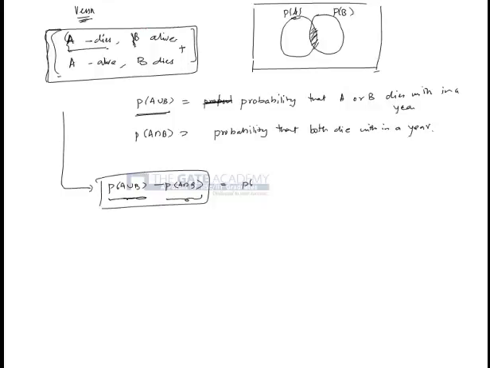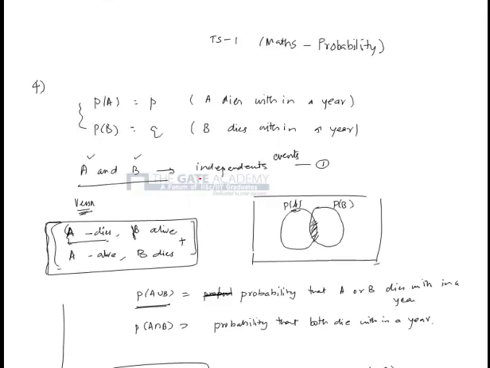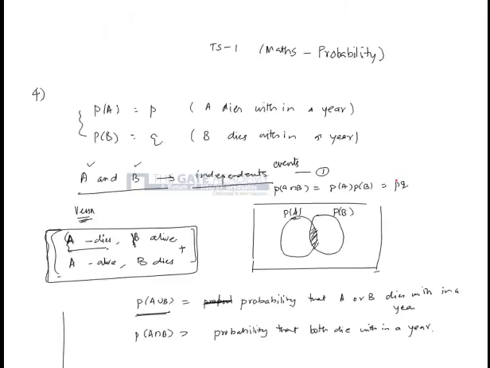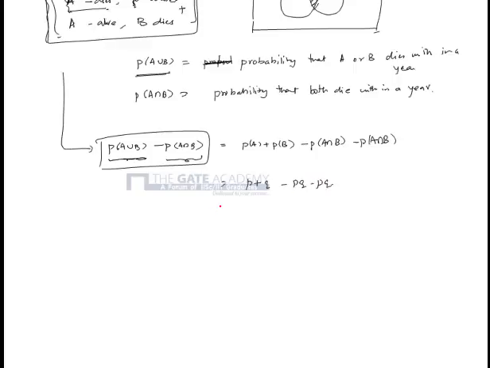Now P of A union B, going by maths, is P plus Q minus P of A intersection B. Early on in the problem we recorded that A and B are independent events, and P of A intersection B, that is both dying within a year, is just the product of their individual probabilities, which is P times Q. So what is asked, P plus Q minus 2PQ, is the probability of either A dying and B being alive, or A being alive and B dying.